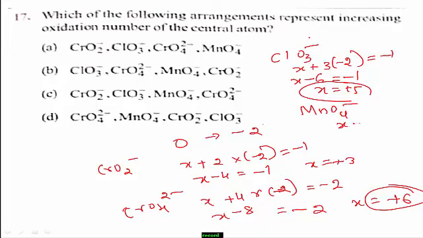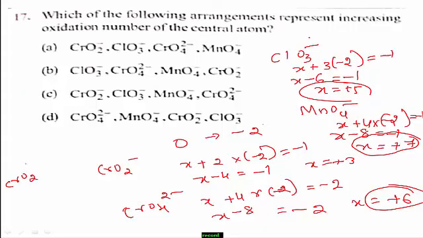Here X plus 4 into minus 2 is equal to minus 1. Therefore, X minus 8 equal to minus 1, X equal to plus 7. Yes. So, increasing order of oxidation number of the central atom. I already calculated the oxidation number of the central atom here. When we arrange in the increasing order of their oxidation number, which species comes first?